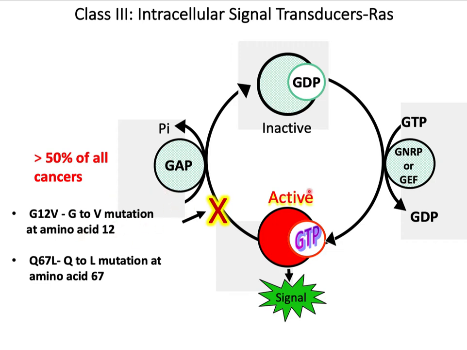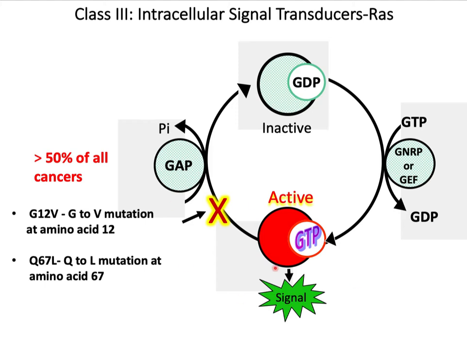And what happens when you have a G12V mutation is you abolish the intrinsic GTPase activity of the RAS. So if the RAS does not have the GTPase activity, it can never hydrolyze the GTP to GDP, which means it is always on.